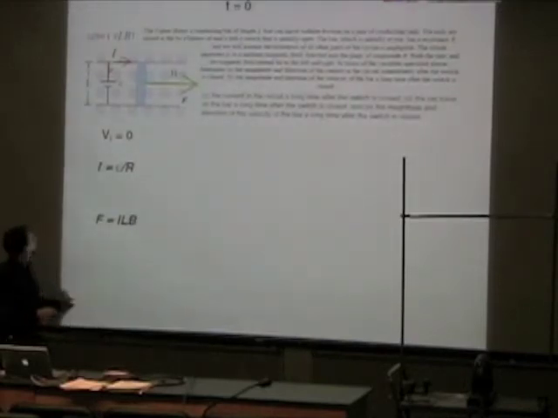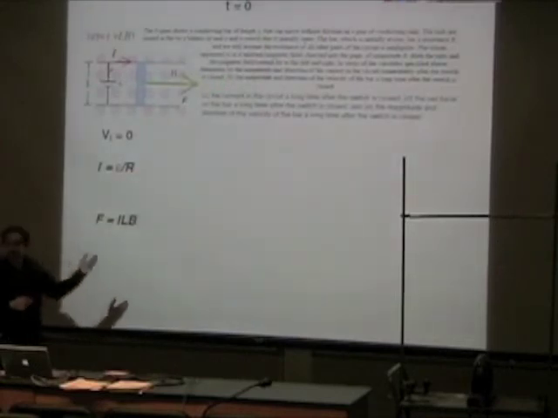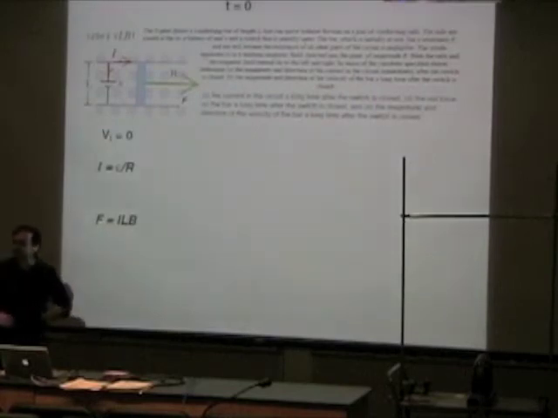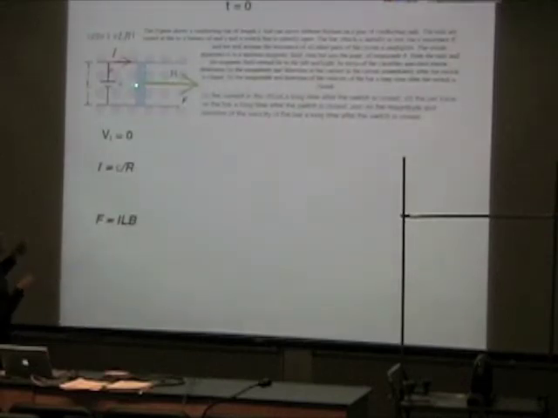And if it starts moving, that means now inside the bar, additional EMF is induced. So after it starts moving, this circuit becomes equivalent to a two-battery circuit. And that battery generates a current in the opposite direction.